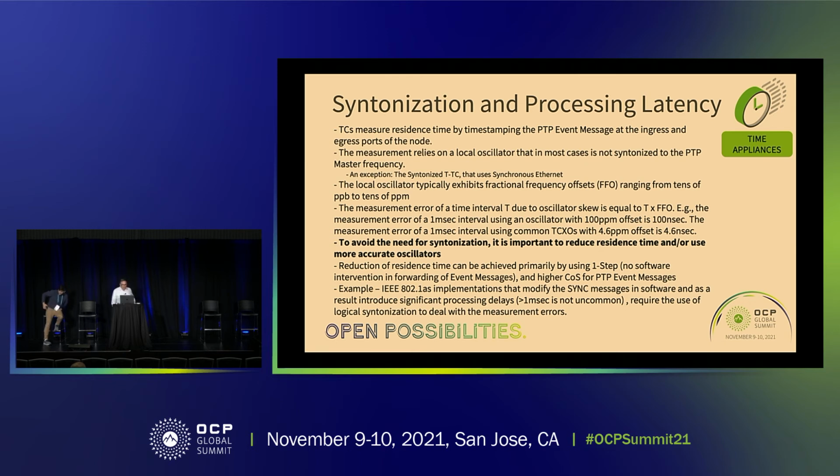And we have a couple of examples here: if you have 100 ppm offset and a 1 millisecond propagation, then that would imply a 100 nanosecond measurement error. You can improve that by using very common and cheap TCXOs. They typically are 5 ppm offset, and for the same delay of 1 millisecond, you can improve your measurement error from 100 nanoseconds down to 4 or 5 nanoseconds.